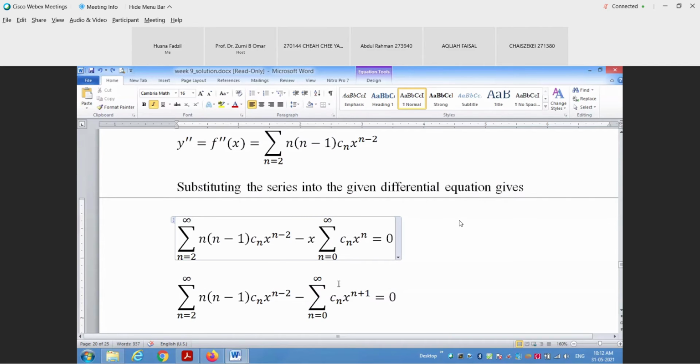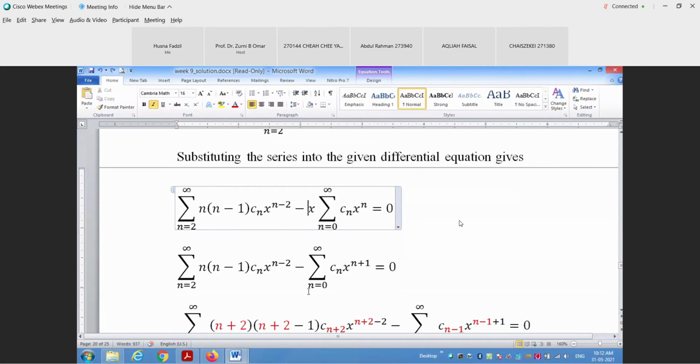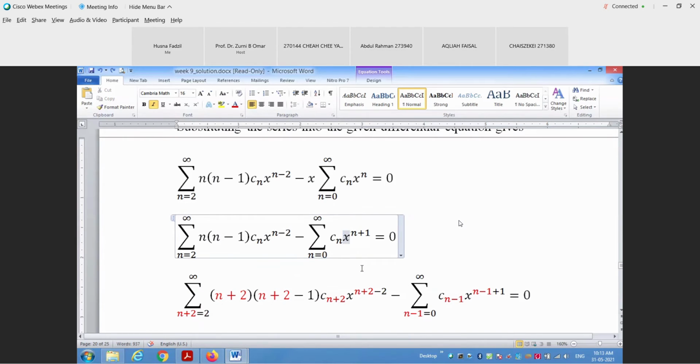Now the next step, compare the power of x. Here is x to the power of n minus 2, and in this series, x to the power of n plus 1. You have to decide which power you want to reduce to, because otherwise we cannot combine these two series.